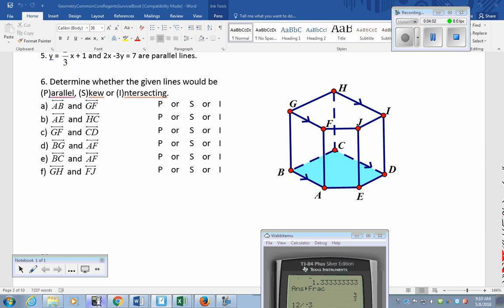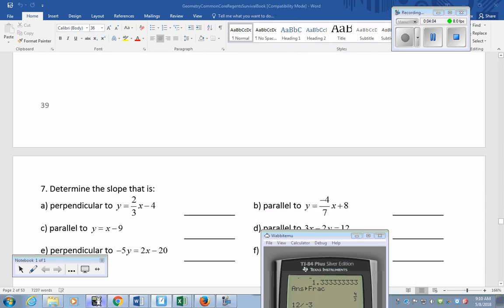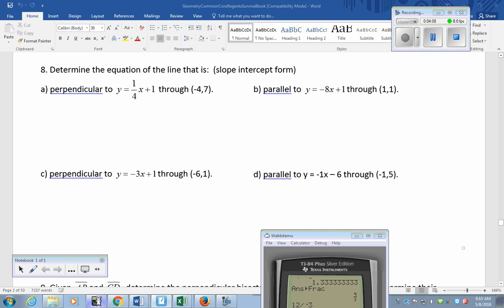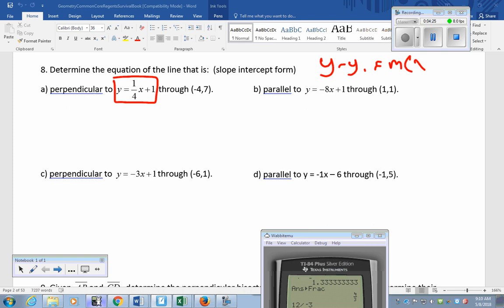Now we're going to write an equation. It'll be the last one we do together in this section. So they want us for question 8a to write an equation that's perpendicular to a point, and they give us this equation they want it perpendicular to. So we're going to use the standard form of equation of a line. This formula here for each of these. So I need to put in my m value, my slope.